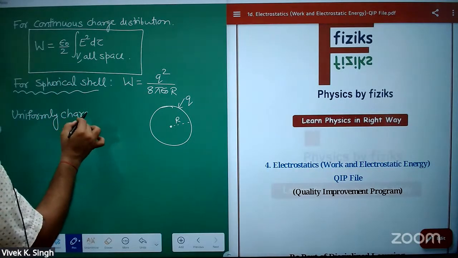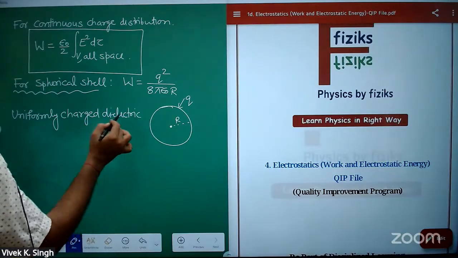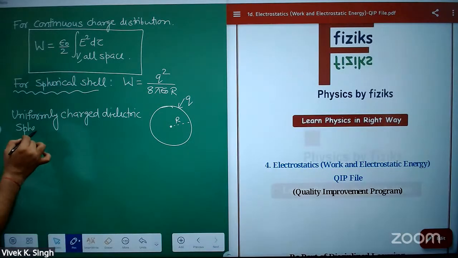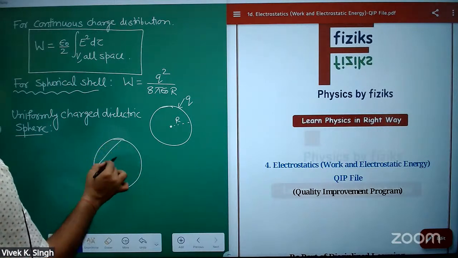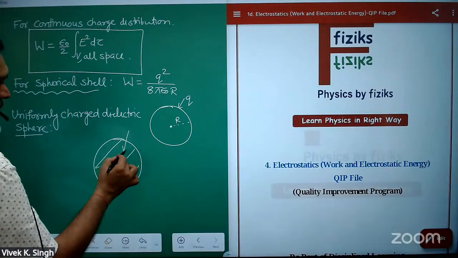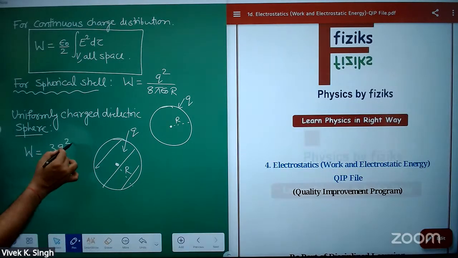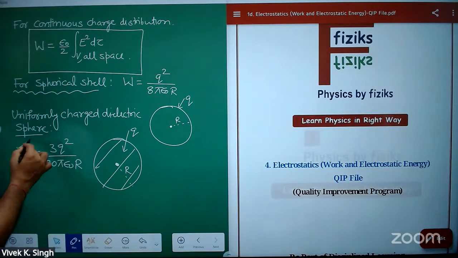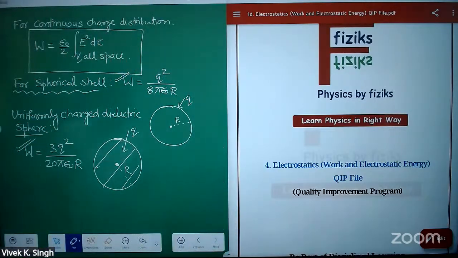If you have a uniformly charged dielectric sphere of radius R, with charge distributed throughout the volume, then the energy is given by 3Q square by 20 pi epsilon 0 R. So these are the standard results that you have to remember. Clear? So we are going to discuss problems based on these concepts.